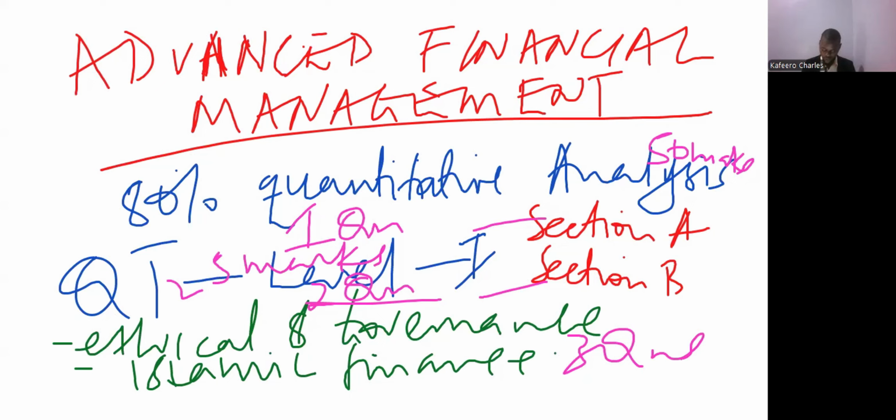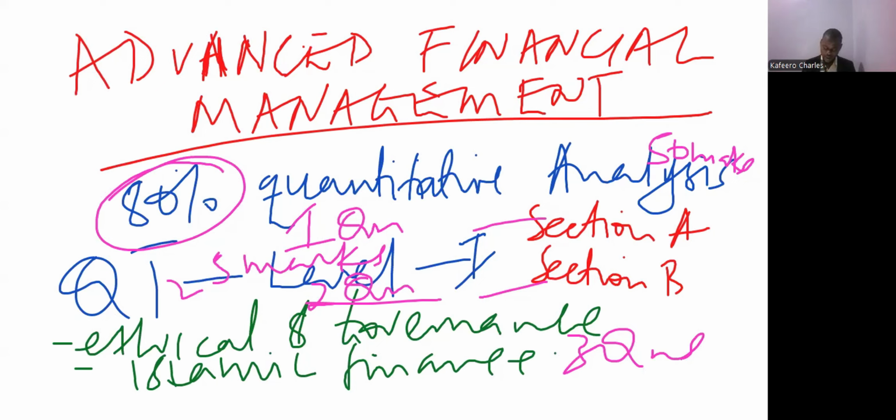But just know that the theoretical aspects that we have are very easy because they are just small things. They are not all that much. That's why I was telling you that it is 80% quantitative analysis, meaning we are going to be dealing with numbers, but at the end of the day, we are also going to be looking at the theoretical aspects.